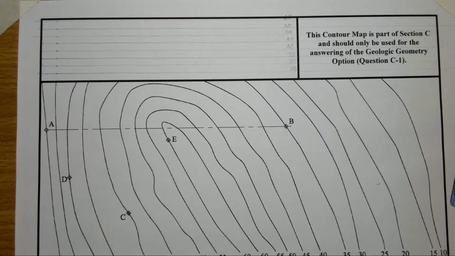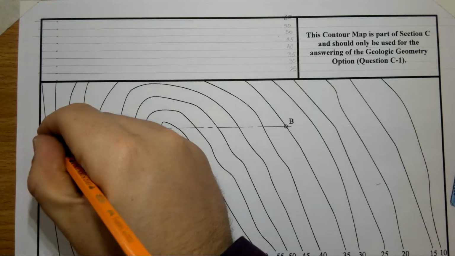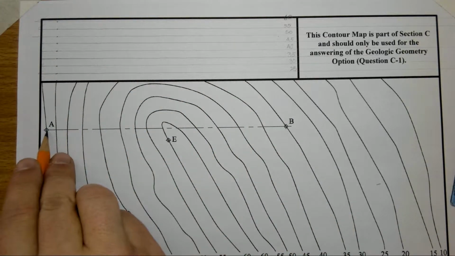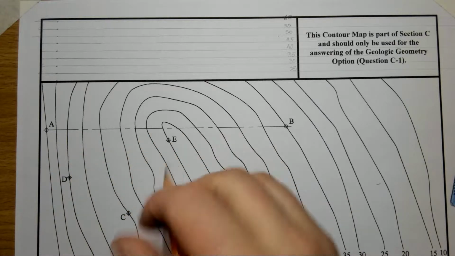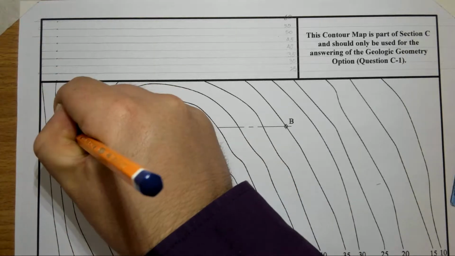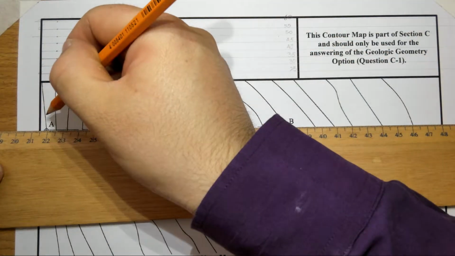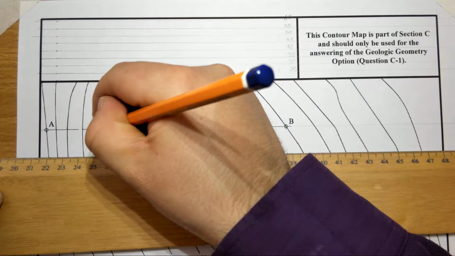Okay, so I've done that and marked in the altitudes. Now we've got to label all the points where the vertical section line AB intersects the contours. So I'm going to mark all those points there.